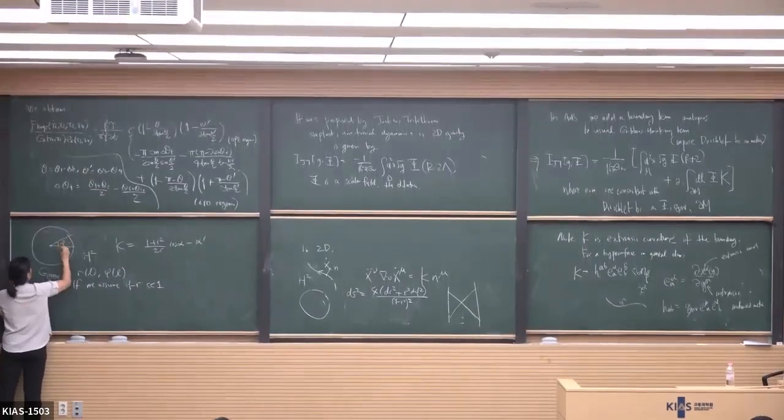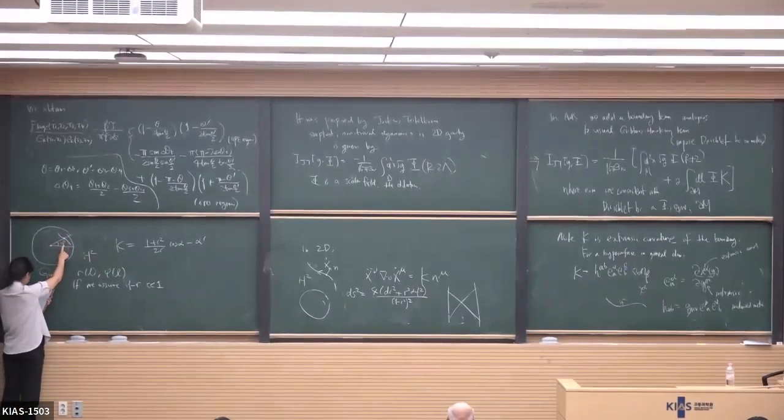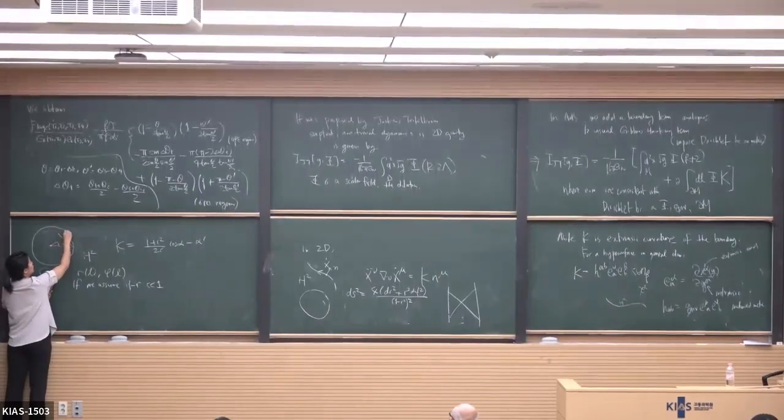Phi is the angle. So I have some curve here, and at some point along the curve, it has angular coordinate phi. And we can think of the normal vector to this radius, right? We can think of that normal vector.